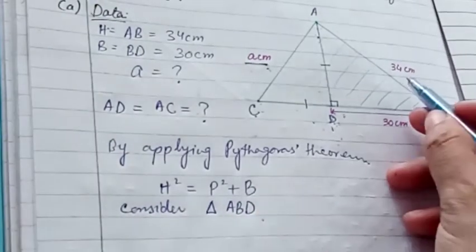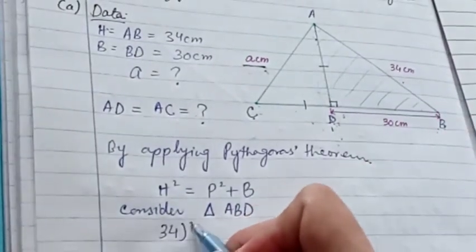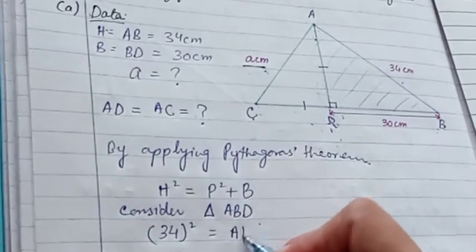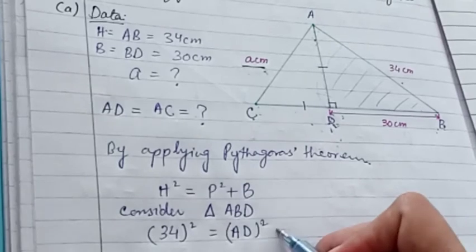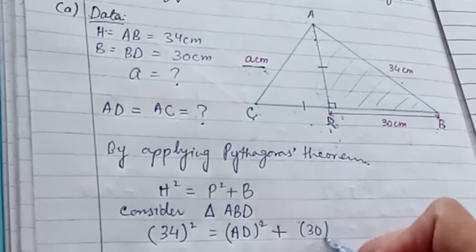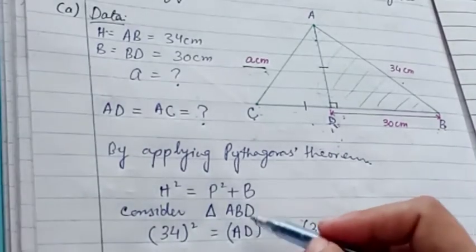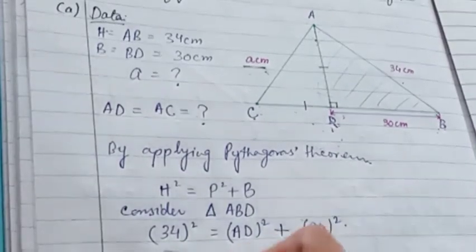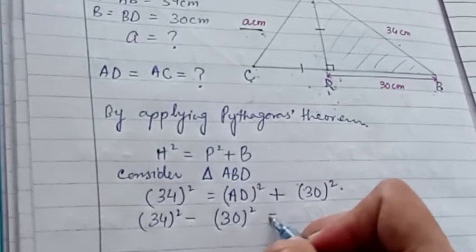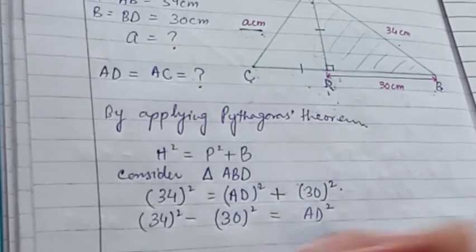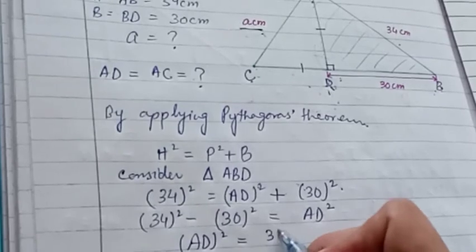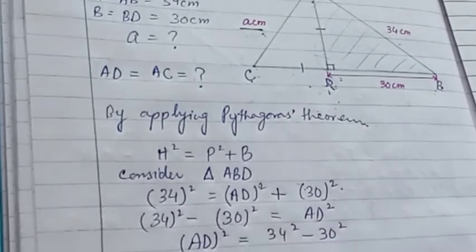In ABD, H is 34 square, P square is unknown for us, so AD square, plus 30 square. For finding AD square, I am moving this 30 square to the other side. 34 square minus 30 square equals AD square, and flipping the two sides, AD square equals 34 square minus 30 square.